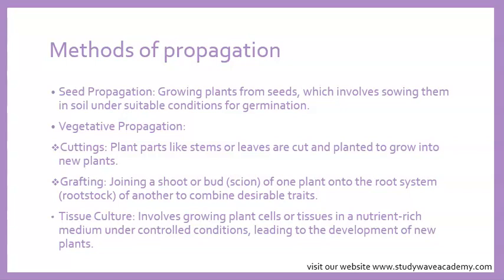Good. Then the last method of propagation we have, tissue culture. It involves growing plant cells or tissues in a nutrient-rich medium under controlled conditions, leading to the development of new plants. Growing plant cells in a controlled environment to create a new plant.